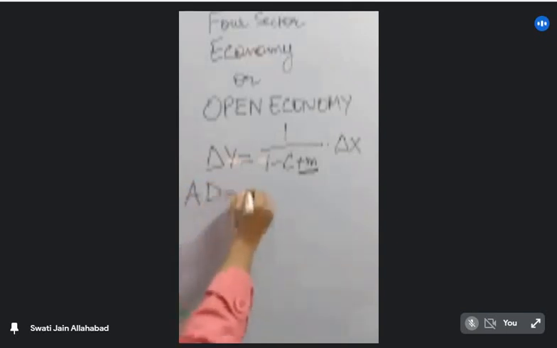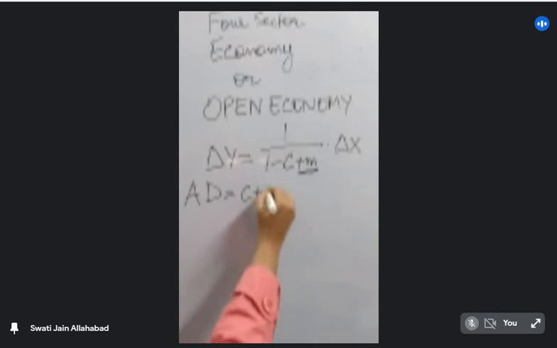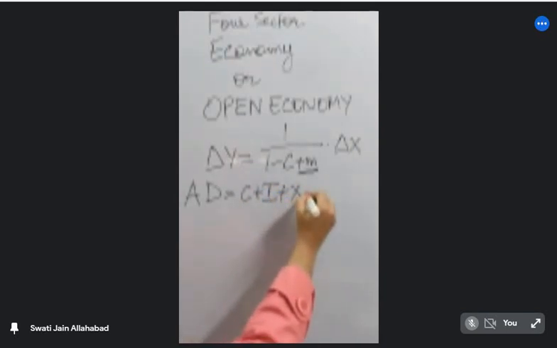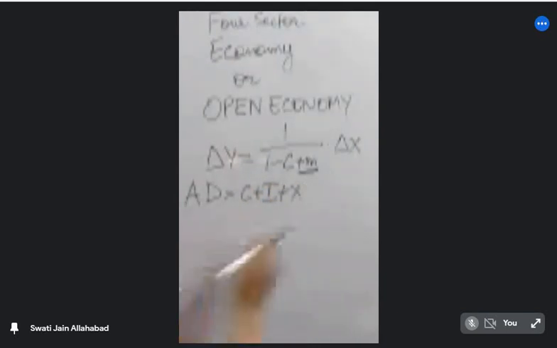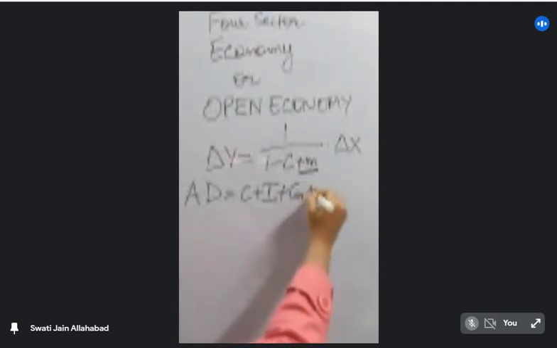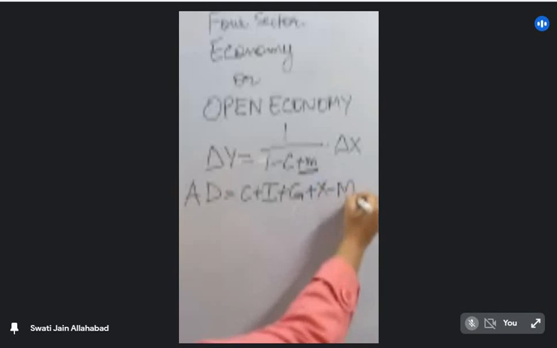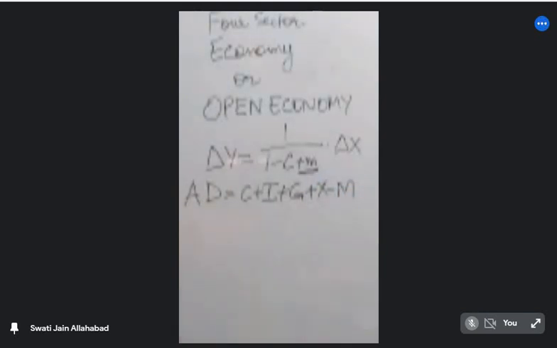You remember AD is equal to C plus I plus G, plus X minus M. Now you have two more variables added here, X and M. Earlier we talked about C plus I plus G. I and G we have taken as autonomous.